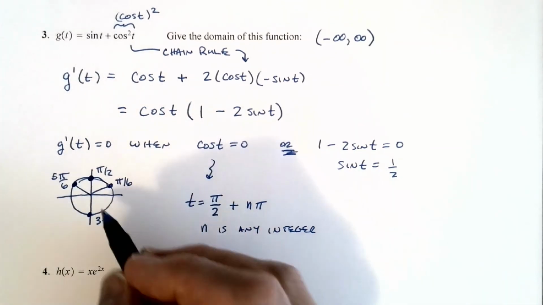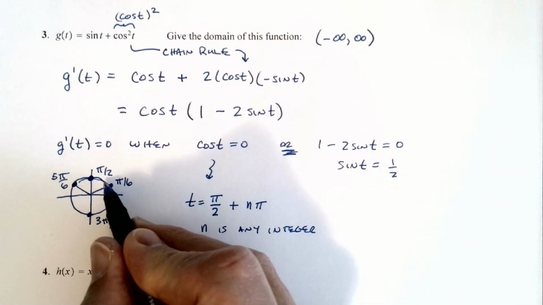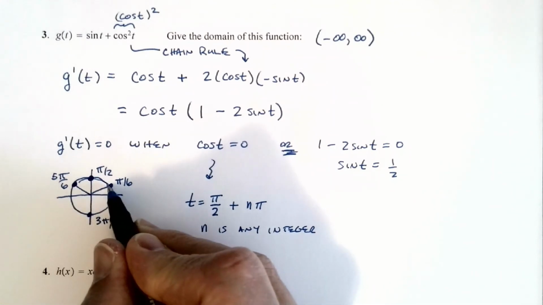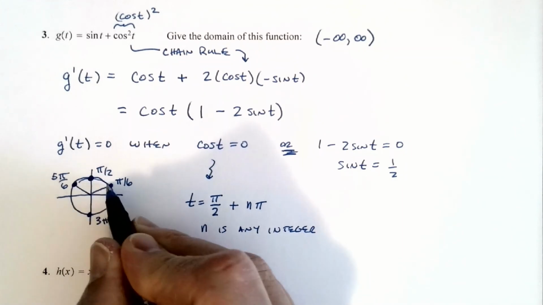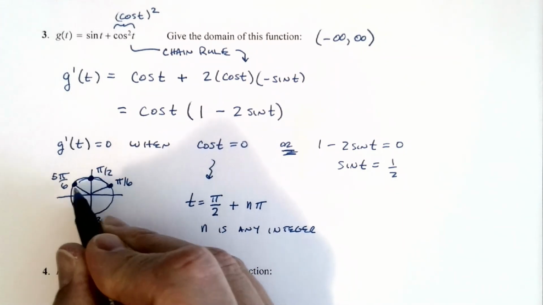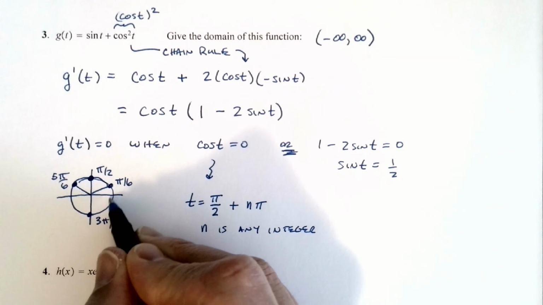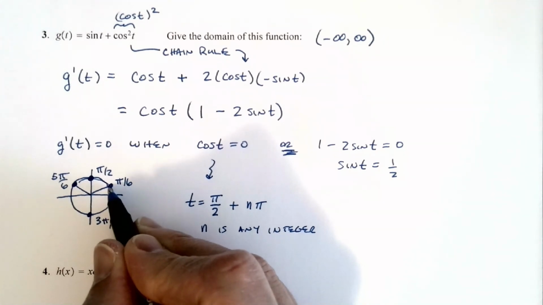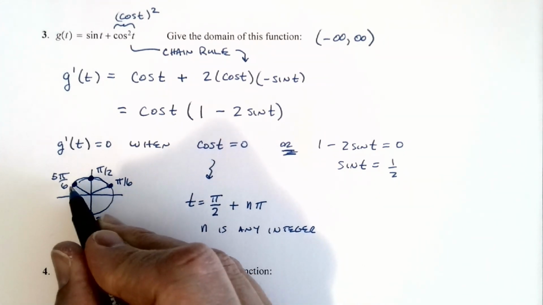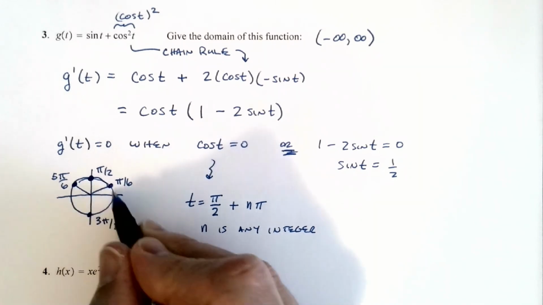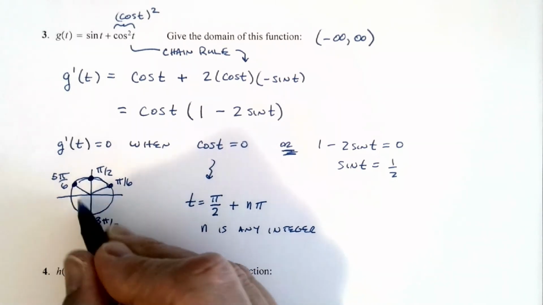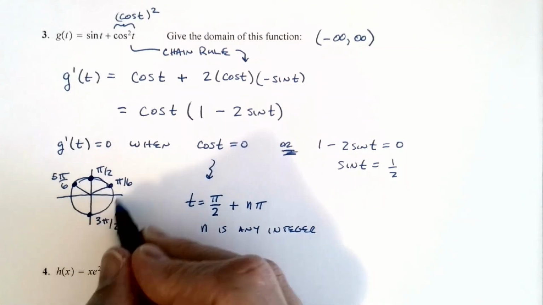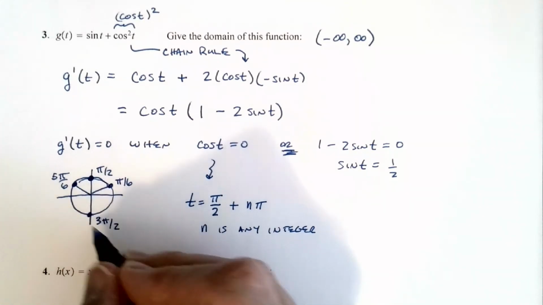Now, pi over 6 to 5 pi over 6 is a difference of 4 pi over 6, or 2 pi over 3. But from 5 pi over 6 all the way around to 13 pi over 6 is 8 pi over 6, or 4 pi over 3. So it's 2 pi over 3, 4 pi over 3. They're not the same distance apart as pi over 2 and 3 pi over 2 are.